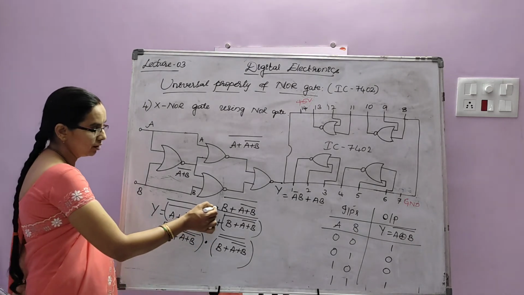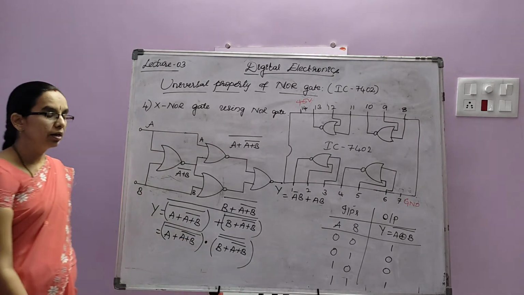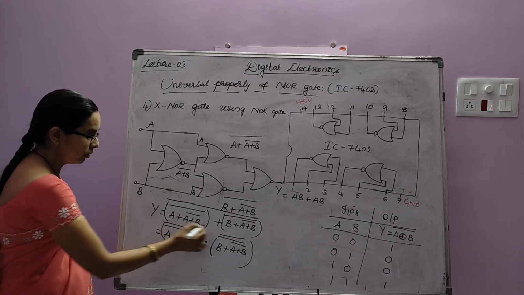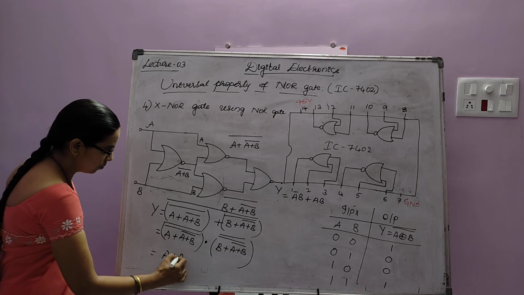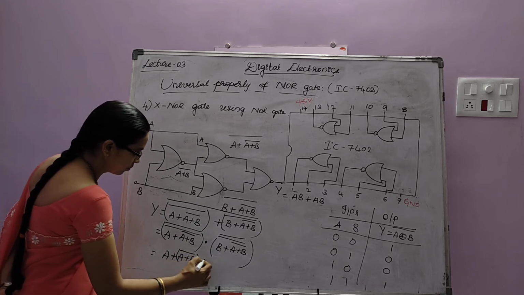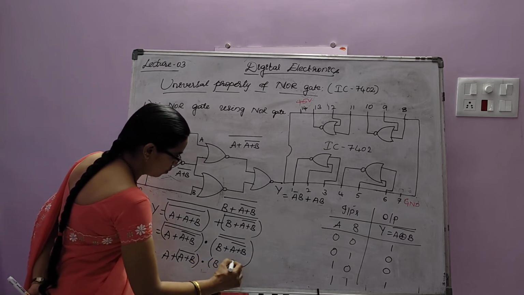So we did split it so that the plus has been removed and put dot. So the double complement will get cancelled. Next step: (A plus B) whole bar dot (B plus (A plus B) whole bar).